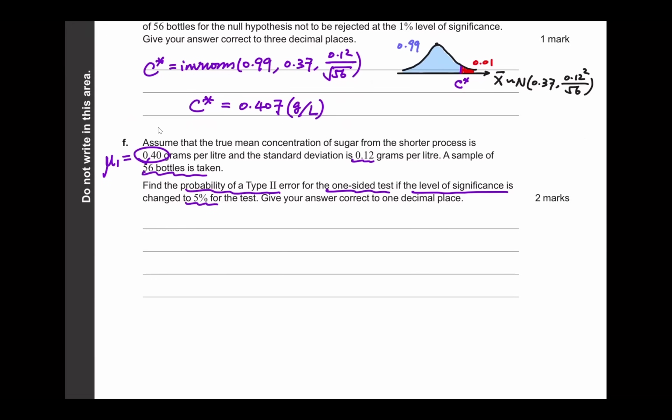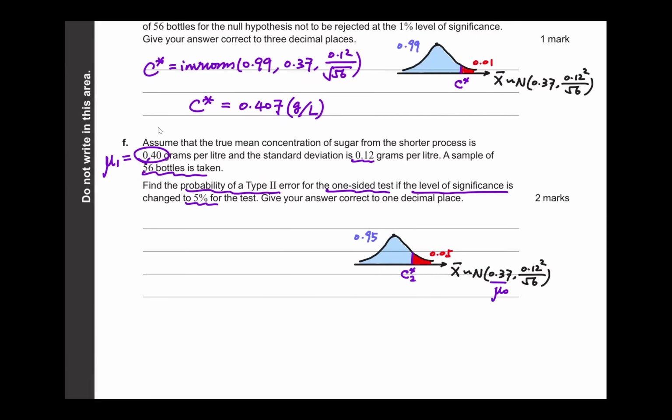So we're still using the same curve, but there's one thing you need to be aware of. This is another critical value, okay? It's no longer 0.99, it's 0.95 here because we are going to use 0.05 here. This is slightly larger, okay? So we still find the critical value under the old mean.